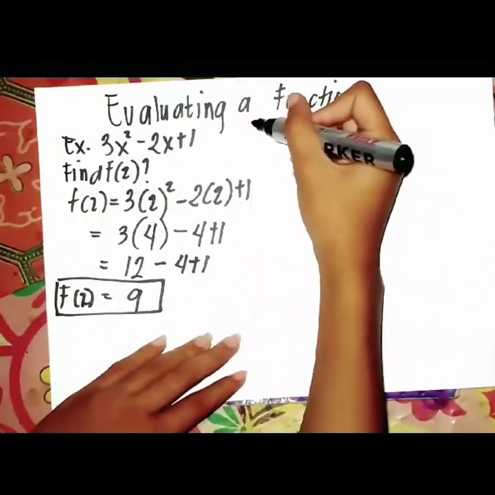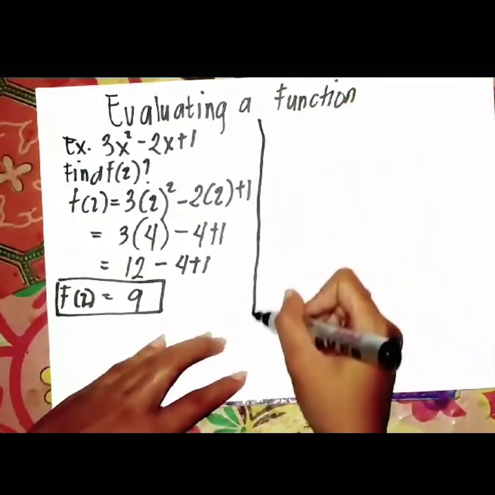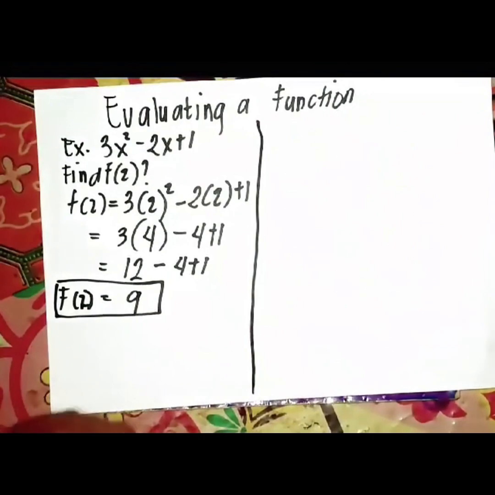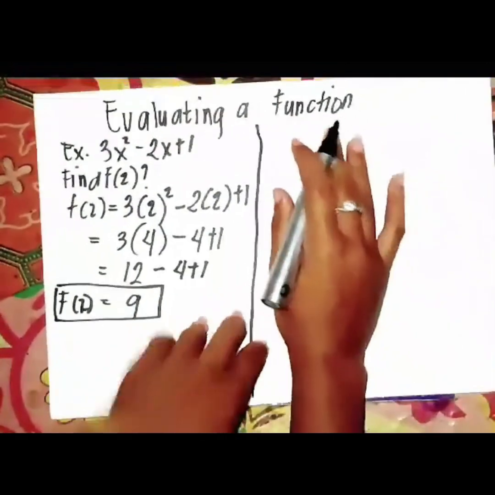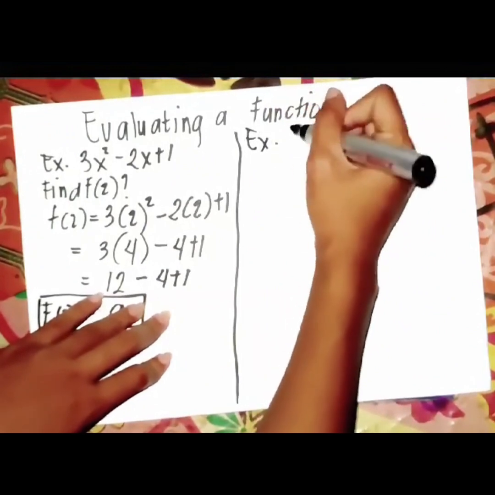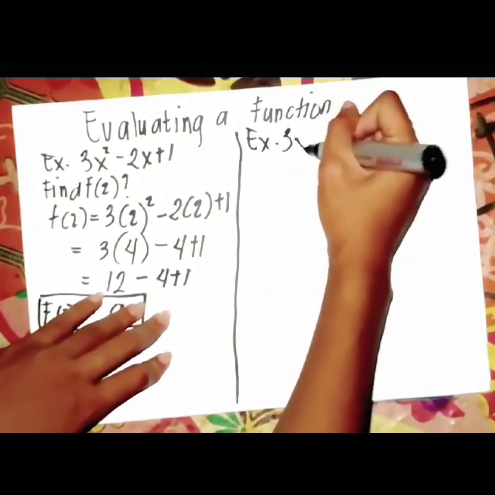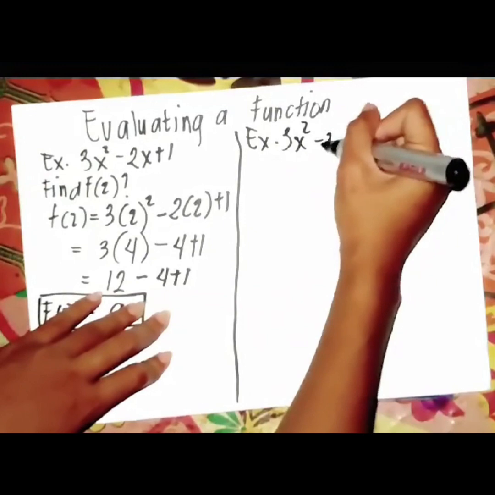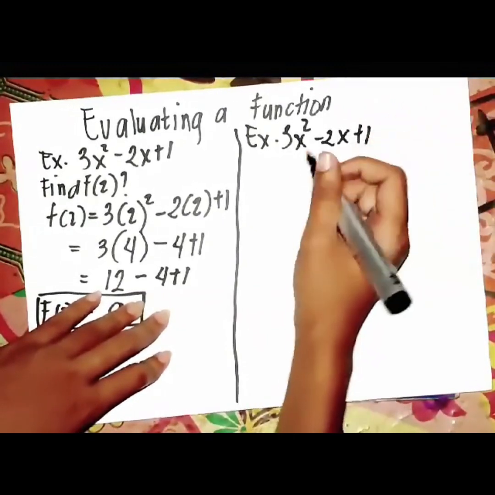So here, we're going to find the value of f of 4. So, example: 3x squared minus 2x plus 1.